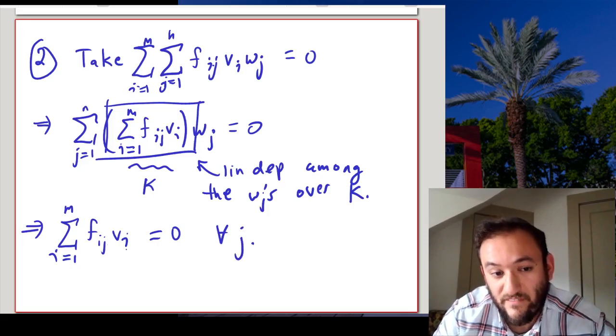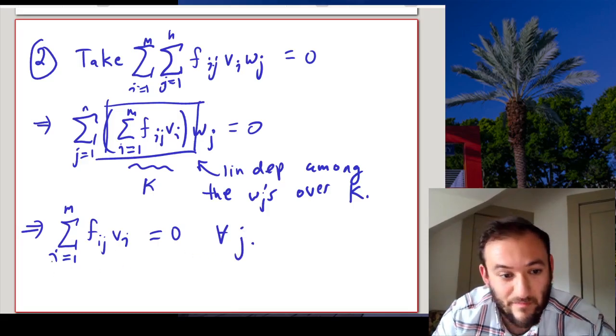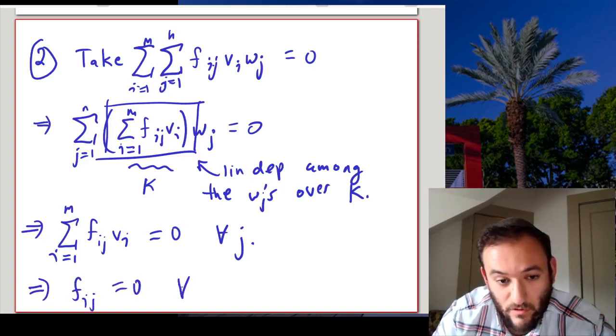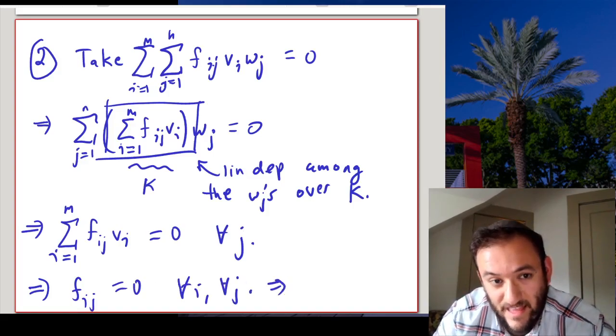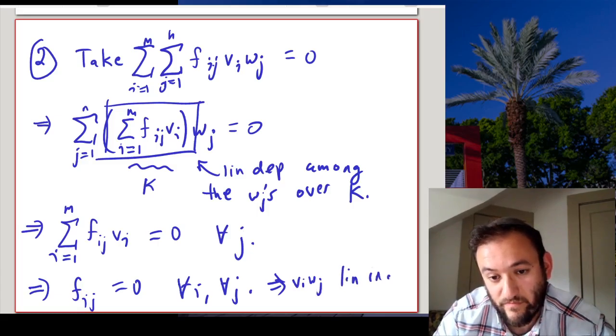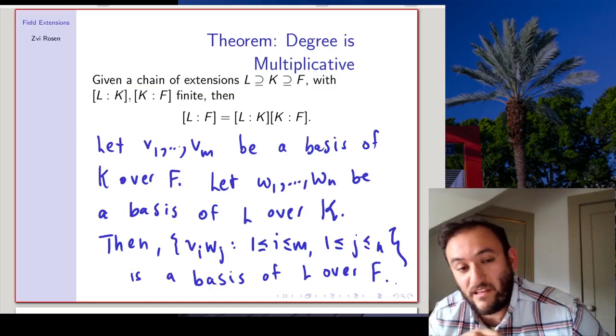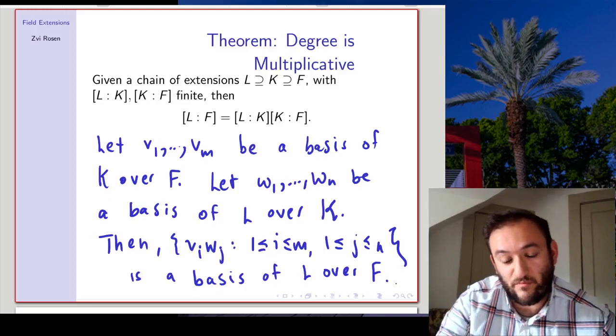But we know that the Vi's are also a basis, so that means that the Fij's are equal to 0 for any i and any j. And that implies that the Vi Wj are linearly independent. Okay, and that's enough to give us this relation of this multiplicative property of degrees.